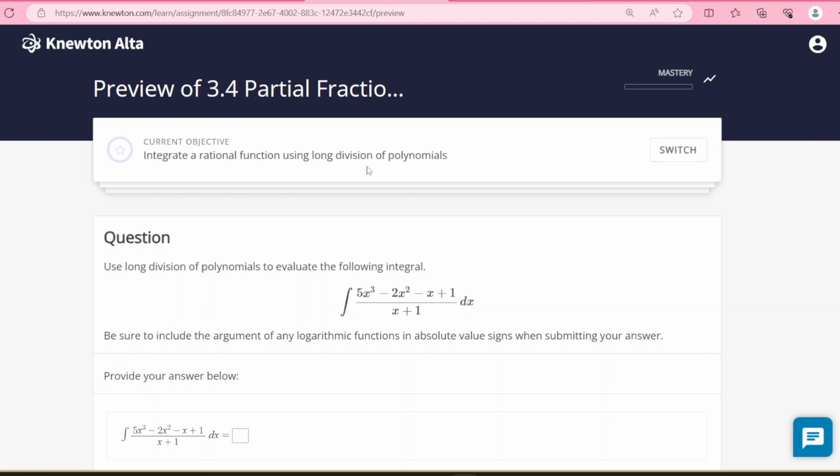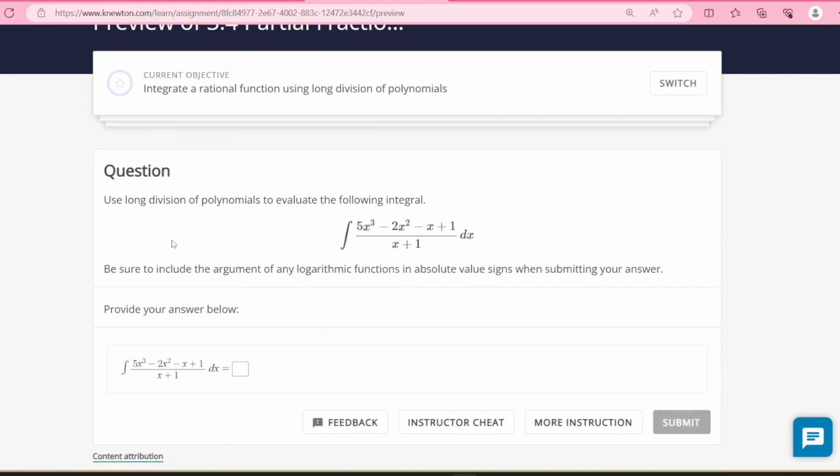All right, so my first objective, integrate a rational function using long division of polynomials. So in this section we're integrating rational functions, ratios of polynomials, so polynomial over polynomial. In this objective, we'll see rational functions that are improper fractions.